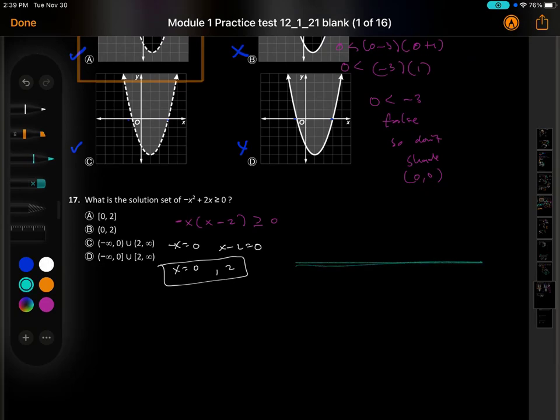So 0 and 2. I know the a value is negative, so it's going down. Is that cool?